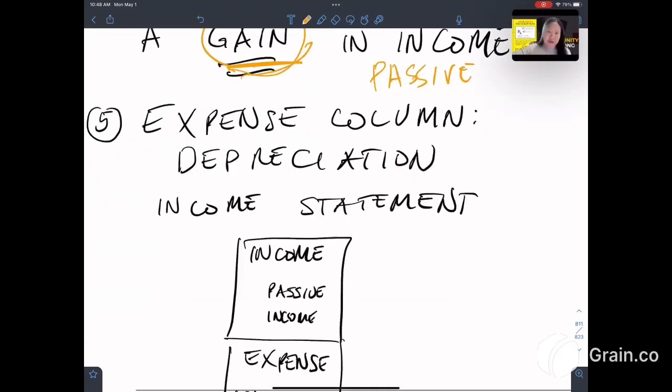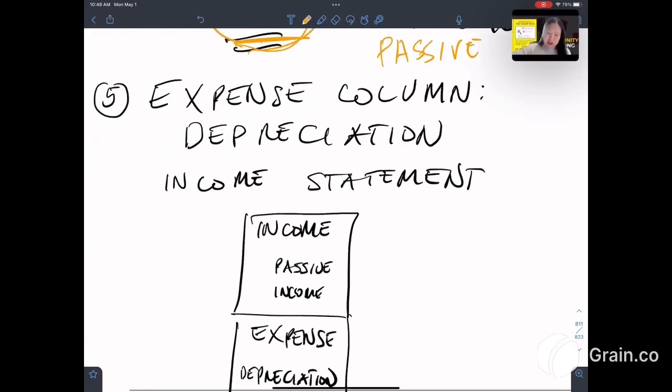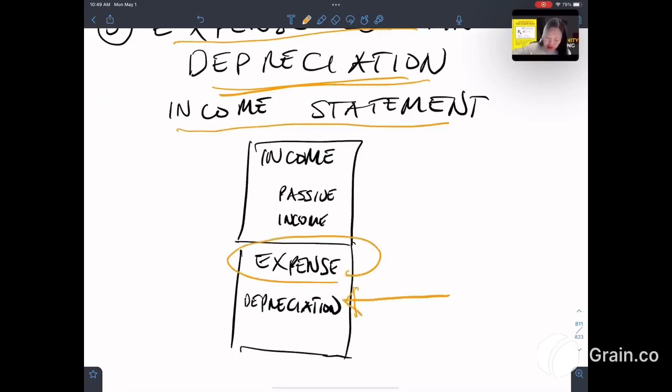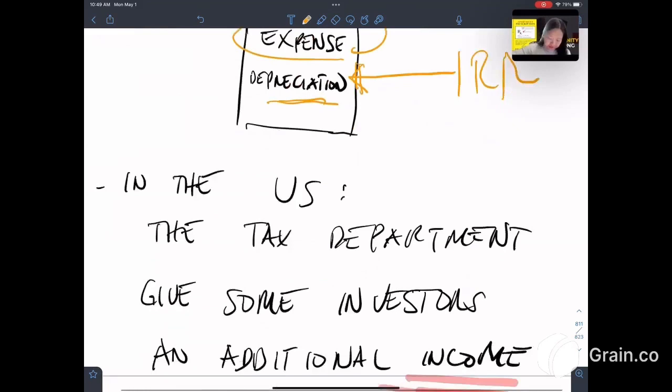Now, fifth lesson, the expense column, which is the depreciation. Again, this is our income statement. We're going to discuss the expense column and internal rate of return. This is the depreciation.